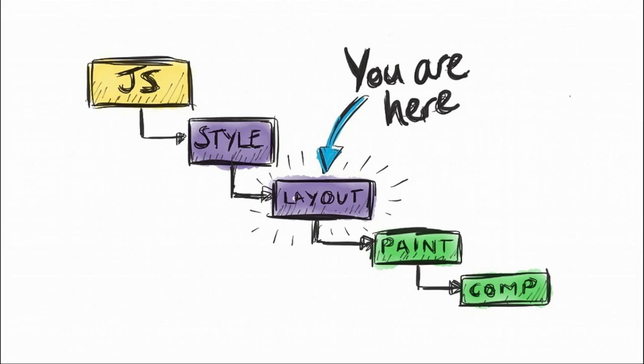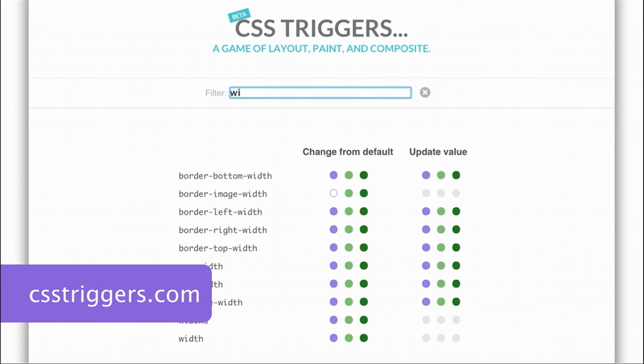But layout is one part of this whole pipeline, and this is a simplified version, which includes JavaScript, style calculations, layout, painting, and composition. And layout itself is born of CSS, kind of sadly, I think, in some ways, with the classic box model, flex, grid, all these things that we've had over time. Other things about layout: you can't trigger layout without also triggering paint, because as you change the geometry, you'll need to change pixels.